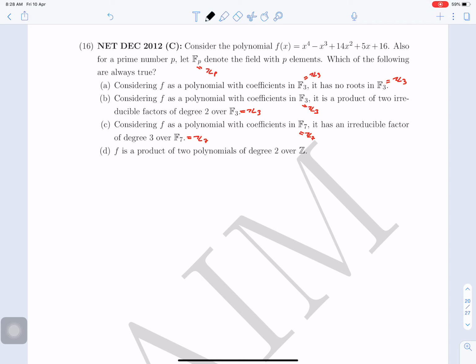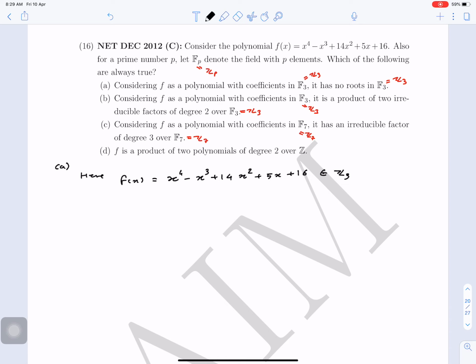So here f(x) is x raised to 4 minus x cube plus 14x square plus 5x plus 16. So for option A, you consider f as a polynomial with coefficients in F3, that is Z3.